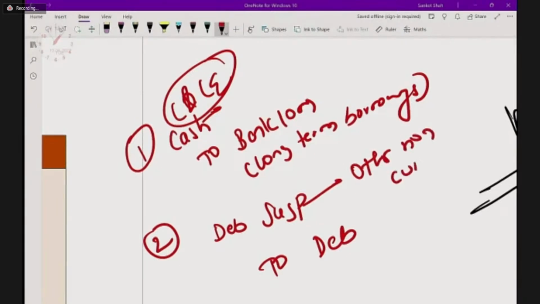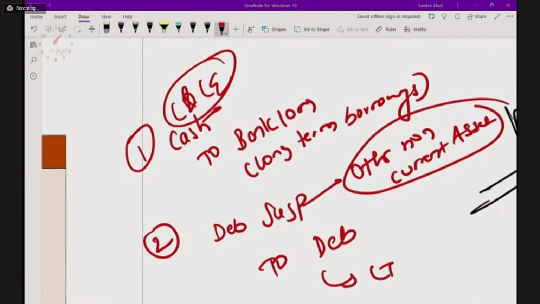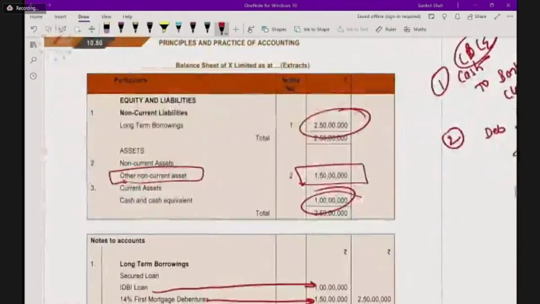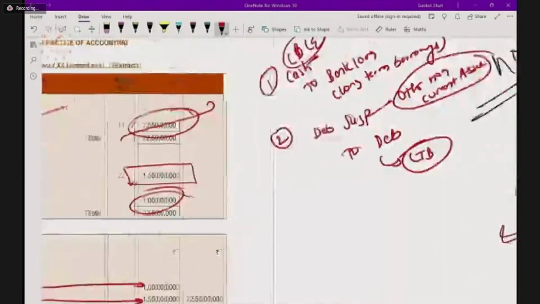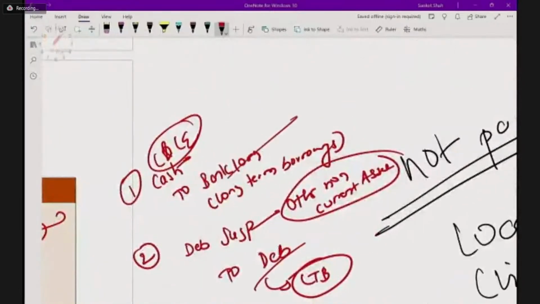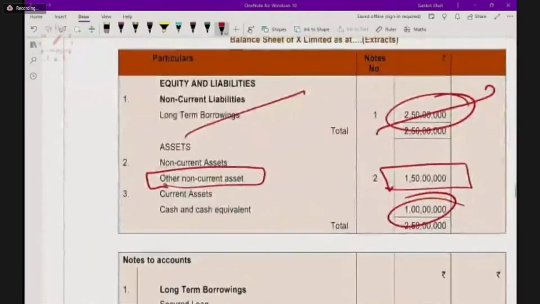Other non-current assets. And debentures? Long-term borrowings. So in the balance sheet, two things will come under long-term borrowings, bank loan also and debentures also. Other non-current assets and cash equivalents. So this is how you have completed your example.